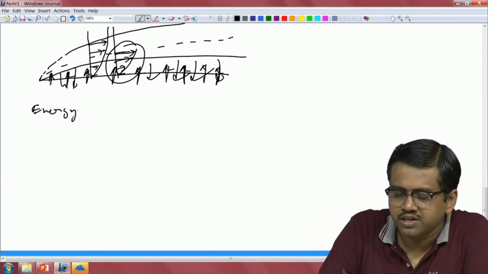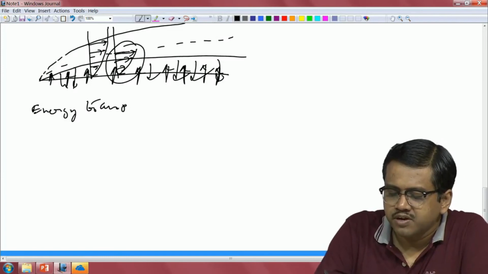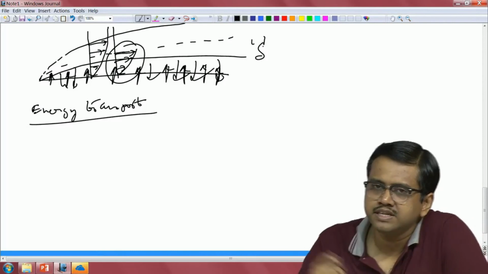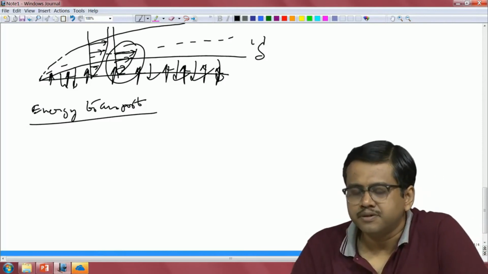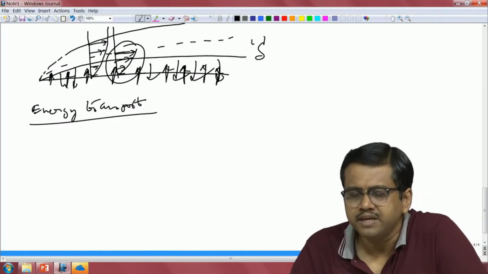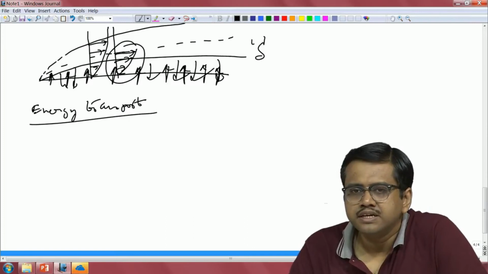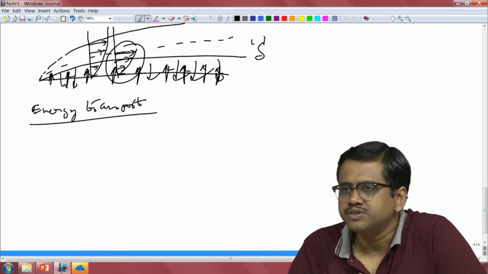So, let us look at the energy transport. What does it do to the energy transport? Here we have easily explained that if delta changes, obviously you know that the CF, or basically the drag, is dependent on delta. So, naturally as delta changes, that also changes.